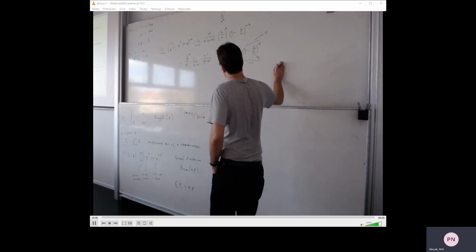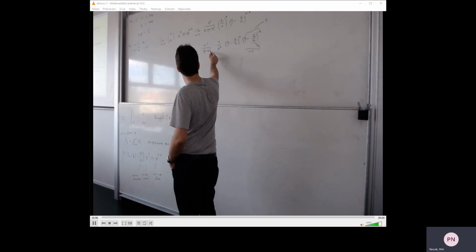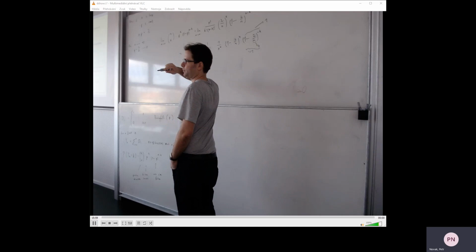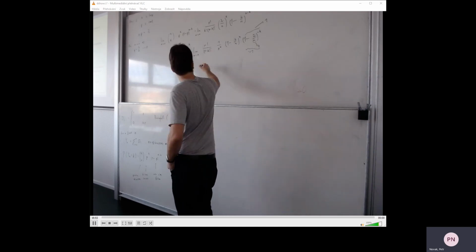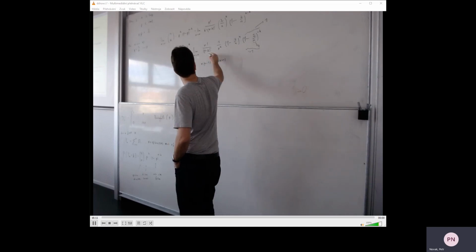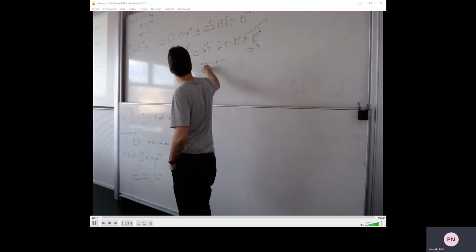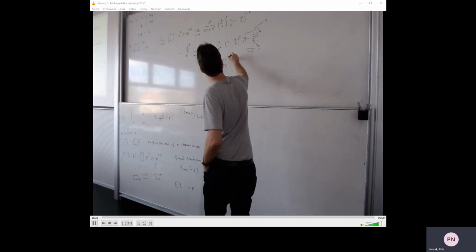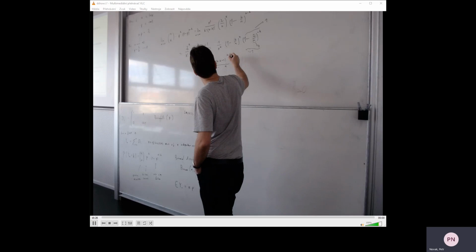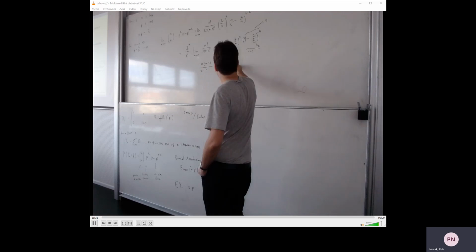Now, the tricky thing is in the first part, we have n factorial over n minus k factorial. You recall that these can be cancelled out, basically remaining n times n minus 1 times, and now n minus k plus 1 times something. And here we have n to the power of k, so n times n times n, k times the same thing.